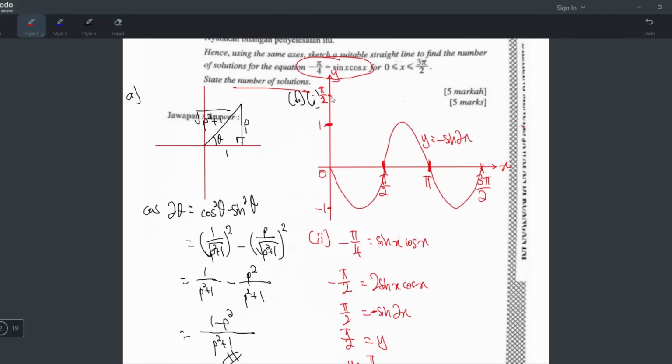Now, for B, they said, without finding g inverse x, determine f(x). Okay, what does it mean by without finding g inverse? Okay, I don't know why they mentioned something like that, but it's okay. The method I will use will not involve finding g inverse also. Yeah, but it's okay.